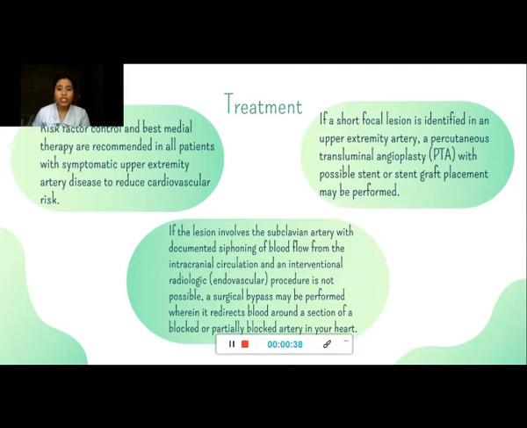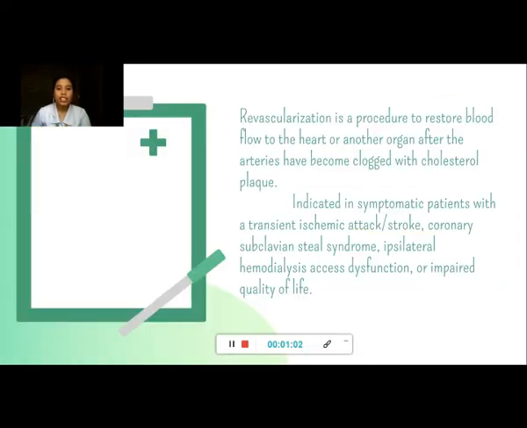Next is if the lesions involve the subclavian artery with documented siphoning of blood flow from the intracranial circulation, and interventional radiologic endovascular procedure is not possible, surgical bypass may be performed wherein it redirects blood around a section of a blocked or partially blocked artery in your heart. Next is revascularization.